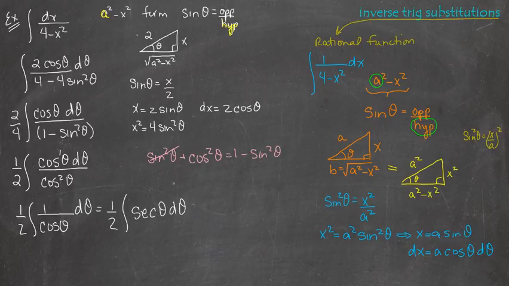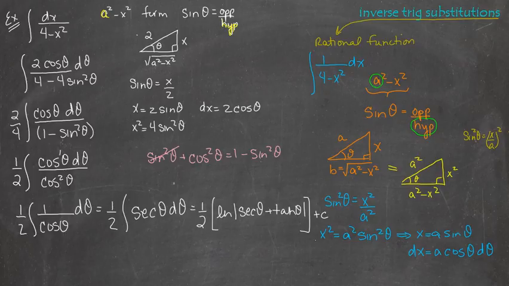And you'll find that this is 1/2 times the antiderivative of secant, which is the natural log of absolute secant theta plus tan theta, and of course plus c.